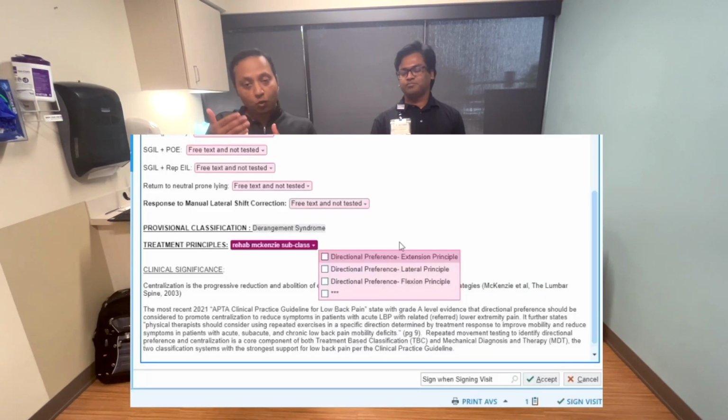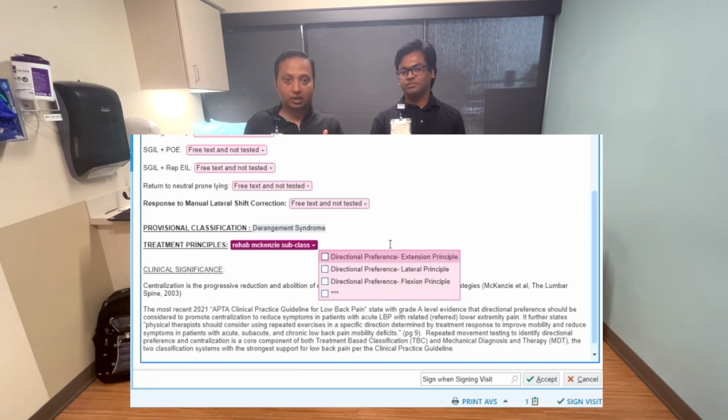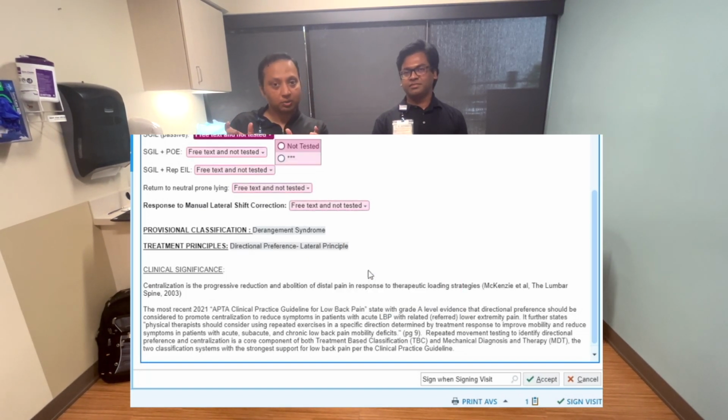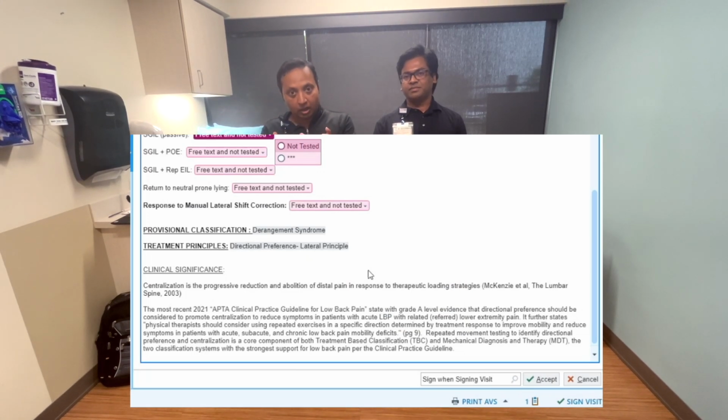So way down in the SmartPhrase, where we have a section for treatment principle, we would choose lateral principle in this case. Had he responded favorably to flexion, it would be flexion principle. Had the response been favorable to extension, it would be extension principle. But in this example, it's going to be lateral principle is what we're going to choose at the bottommost part of our SmartPhrase.